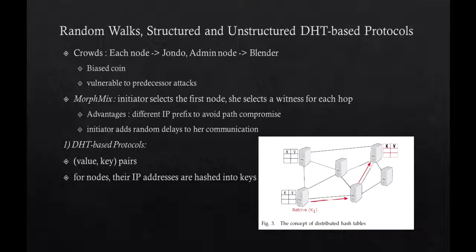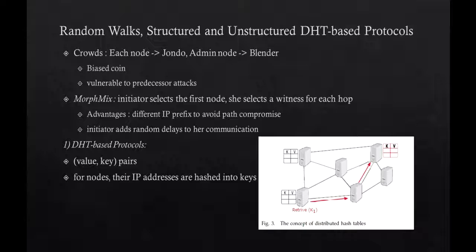Crowds. Here each node in the crowd is called a Jondo. Each node is connected to the others into groups called crowds. The node that administers and manages is called the blender.